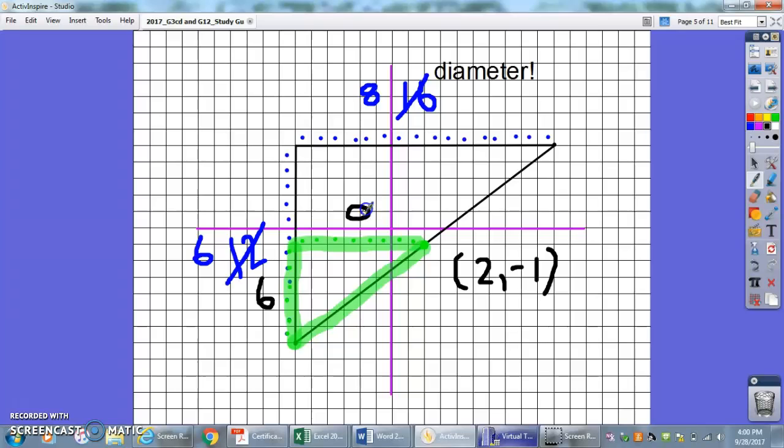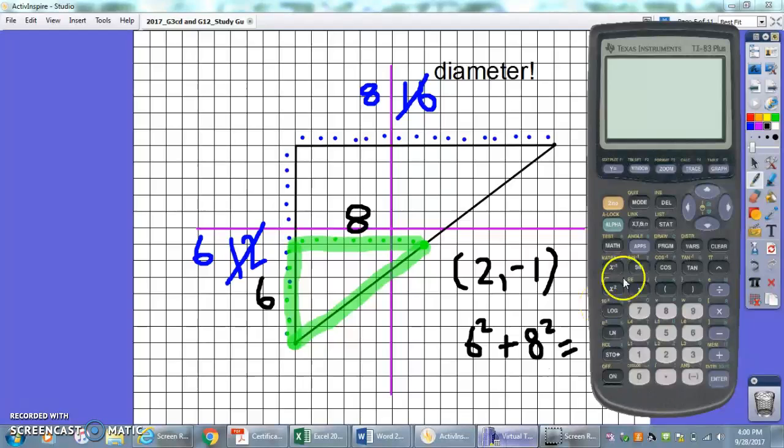I've already done the work, I just need to plug it in my calculator. So I'm going to do 6 squared plus 8 squared equals x squared. Alright, so go to your calculator and make sure that it's on.